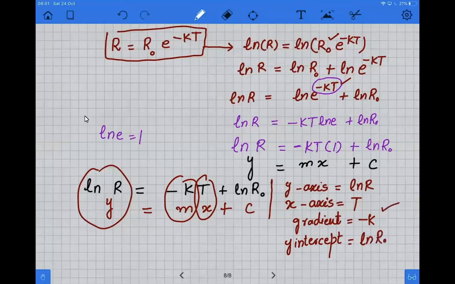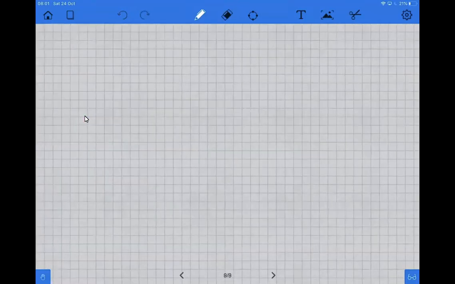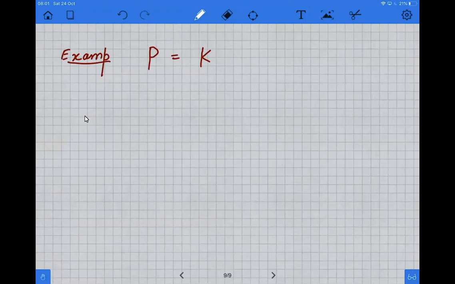So all of this. However, if you have a relation in which the variable is in power, for example, we get this example in which p is equal to k times t power n. Here p is pressure, t is temperature.